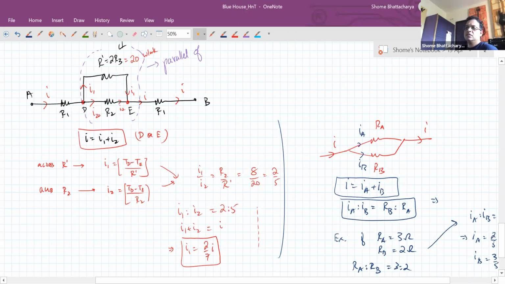From that we get the current I1, and since we know the value of I, we can use that later.